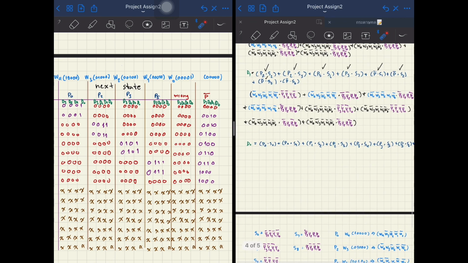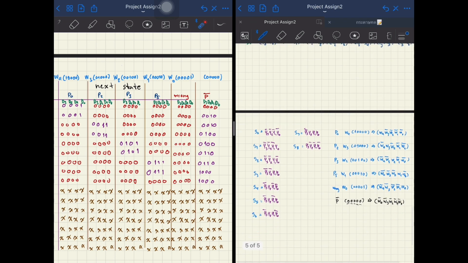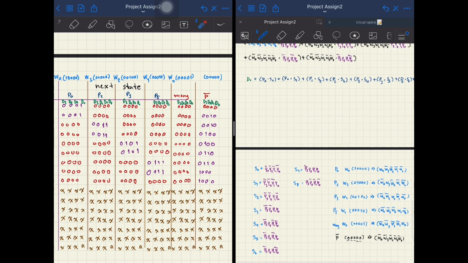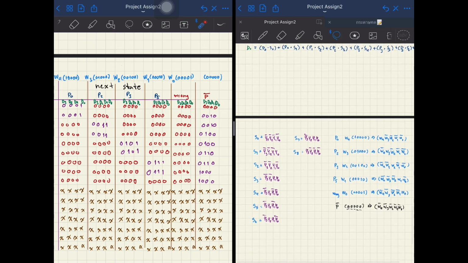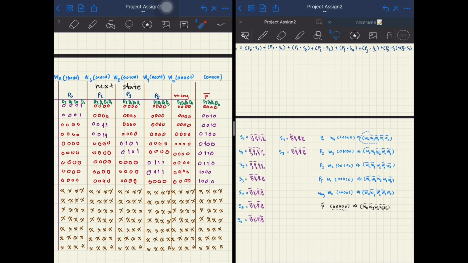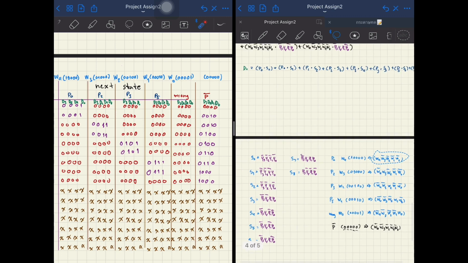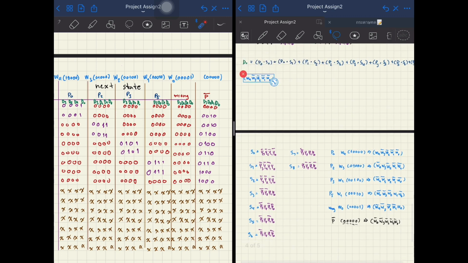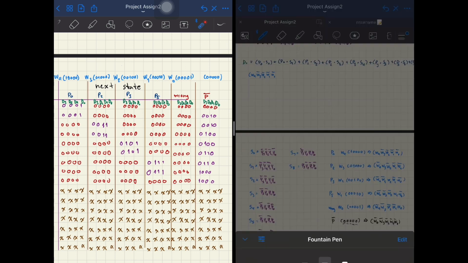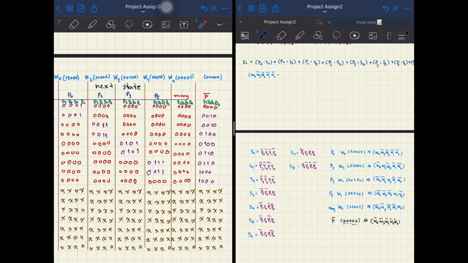Okay, so let's do this thing. P0, it is this one, right? And the other term is complement. I must use black color.